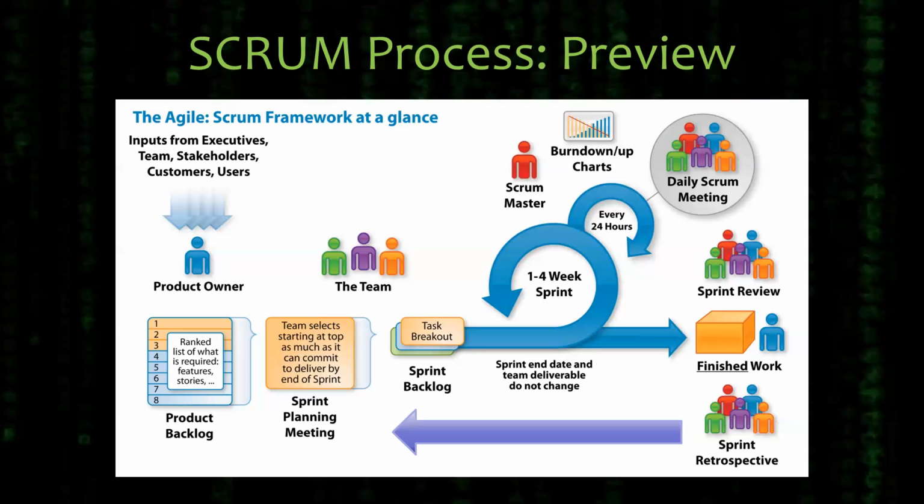Product backlog is the features that need to be implemented, which will be listed clearly, and you will have planning meetings which will identify what we call a sprint backlog or tasks.